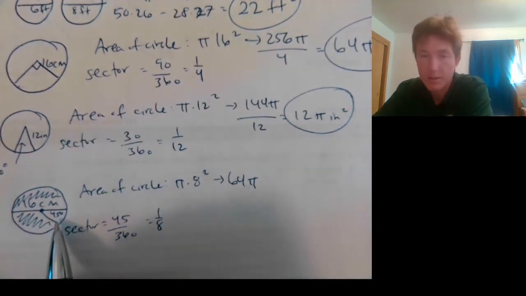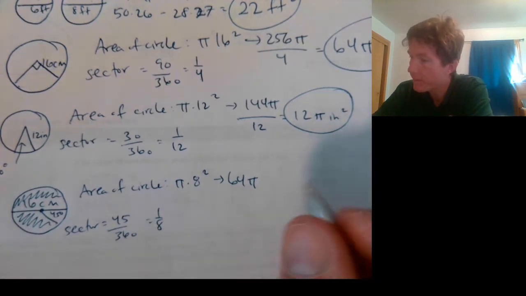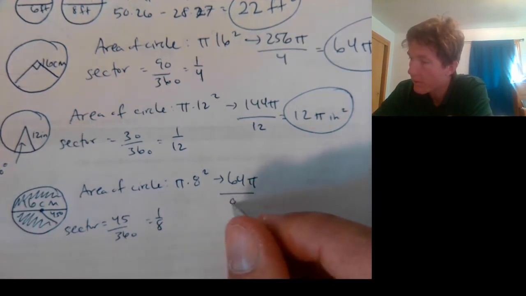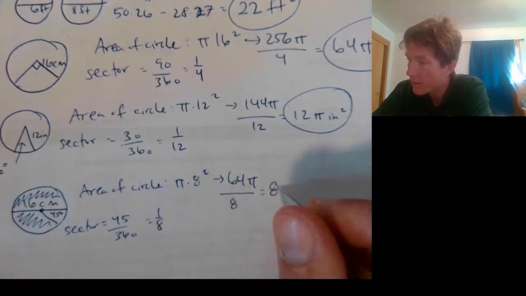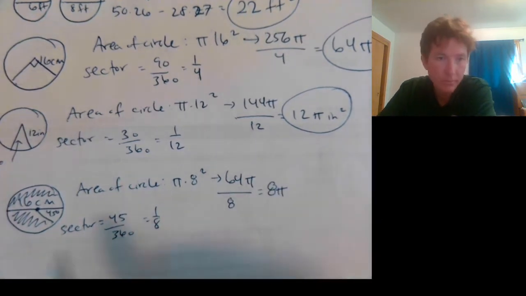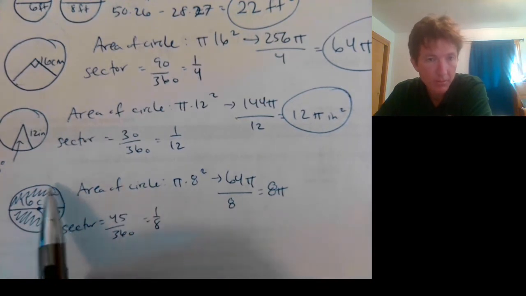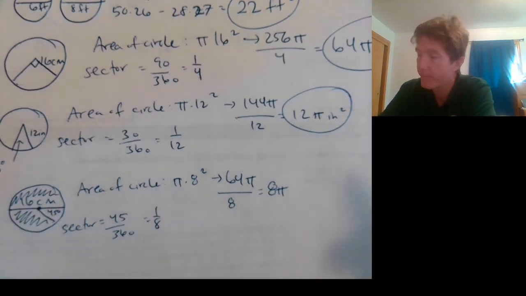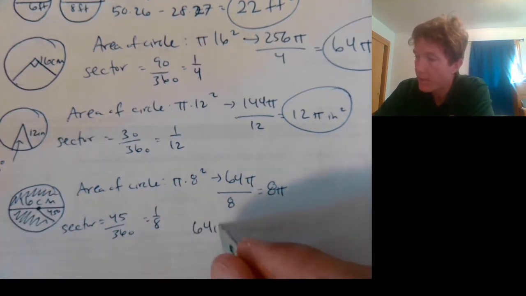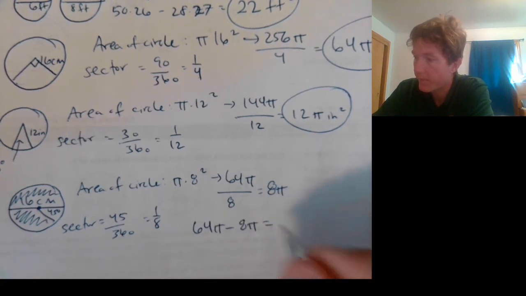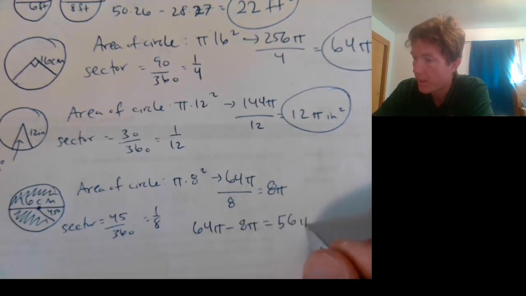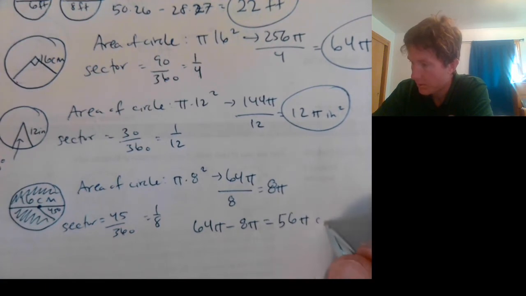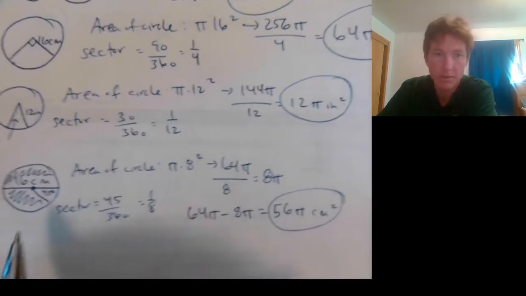So the area of this sector that I don't want is going to be 64 divided by 8 pi. However, that's not the answer. The answer is everything that's not that little piece. So I can do 64 pi minus 8 pi. That would be 56 pi centimeters squared. That's going to be your shaded sector.